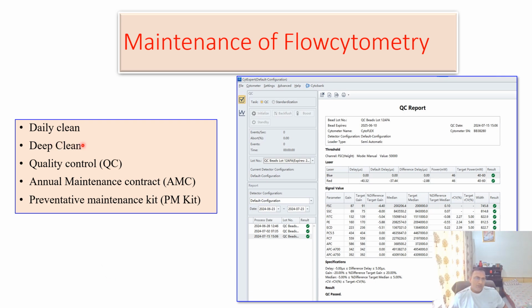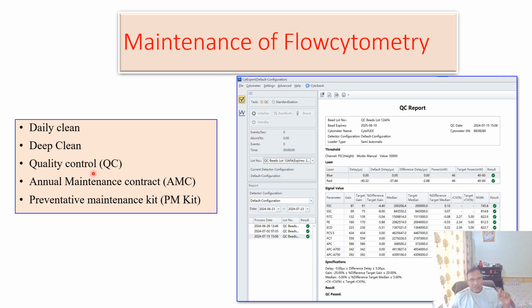Whether you are performing experiments or not, you have to clean the sample line every 2 or 3 days, and every week or fortnight, you have to clean with deep clean solutions. Whether you are running samples or not, you have to clean it regularly, and do quality control.